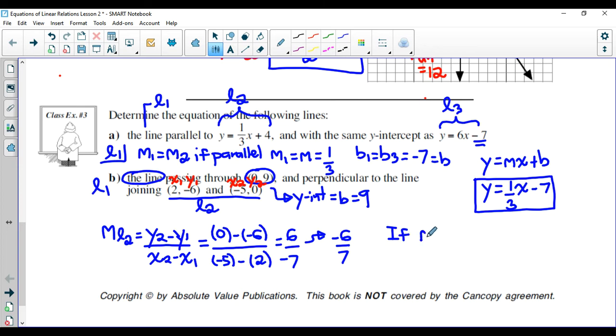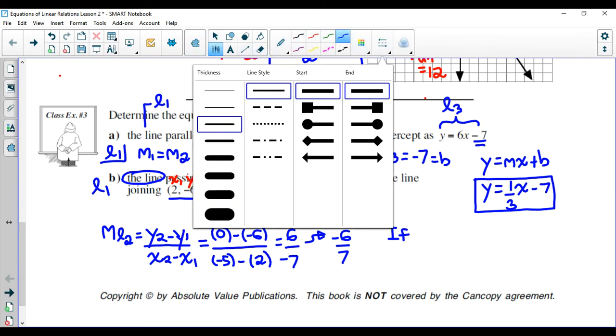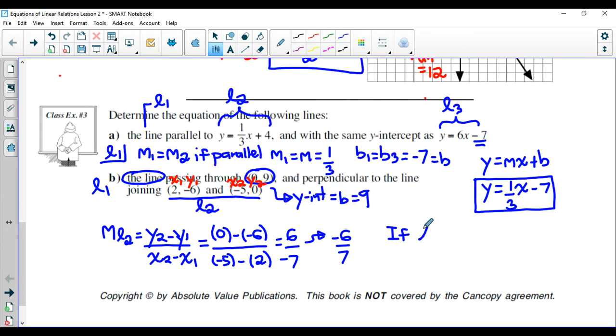So I'm going to say if L1 is perpendicular, and here's a symbol for perpendicular, draw a couple of lines and a little square between them, if line 1 is perpendicular to line 2, then the slope of line number 1 would be equal to, okay, so how do the slopes of perpendicular line segments compare?